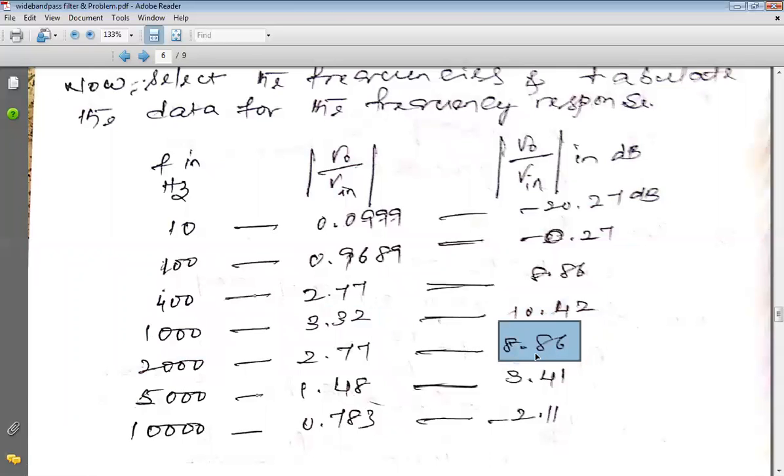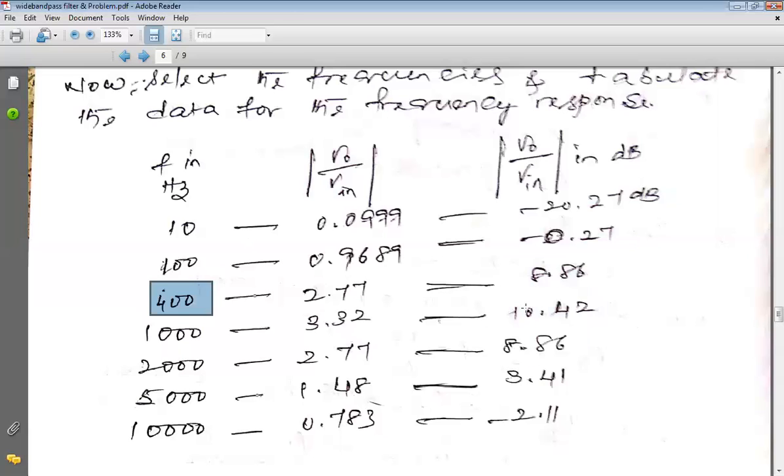It will increase and become constant till 2000. At 2000 it will drop by 3 decibels. Between these values, you see from 400 hertz it will go on increasing.